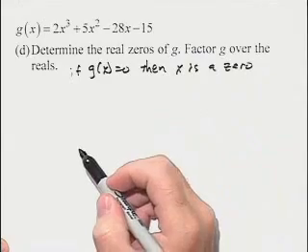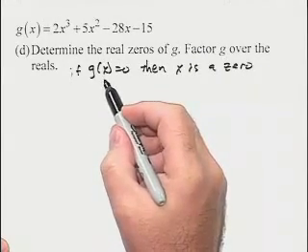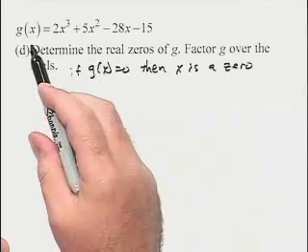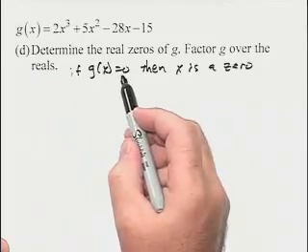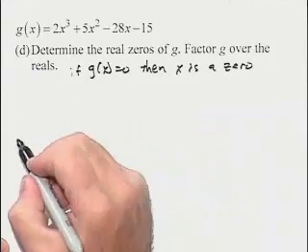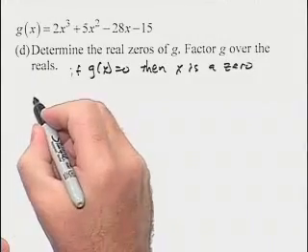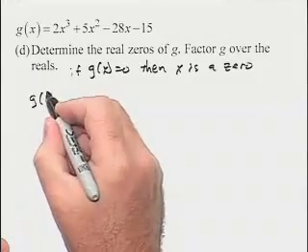In part C, we found a list of potential rational zeros. We can actually use that list of potential zeros and evaluate our function at each of those to see if we get 0. We want to do it methodically, but also the easiest possible way. So we'll start with integers. We'll actually start with the positive integers.